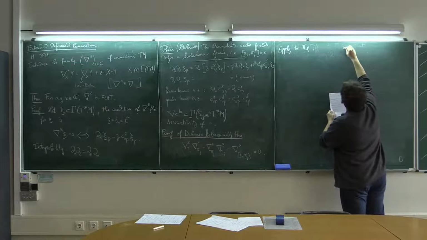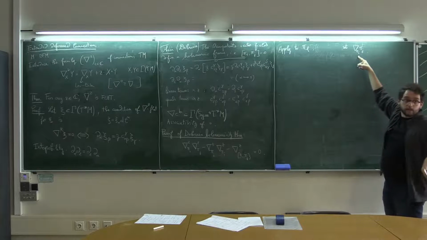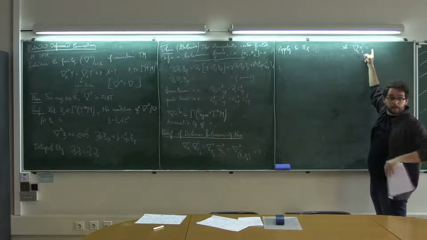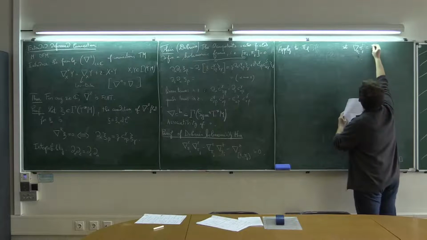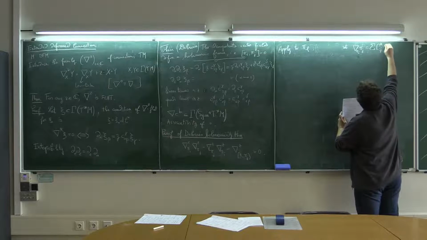Set, by the way, the following. As I said before, there is no reason for which idempotent vectors are flat, and I will call these the Christoffel symbols. I will call them gamma ijk.